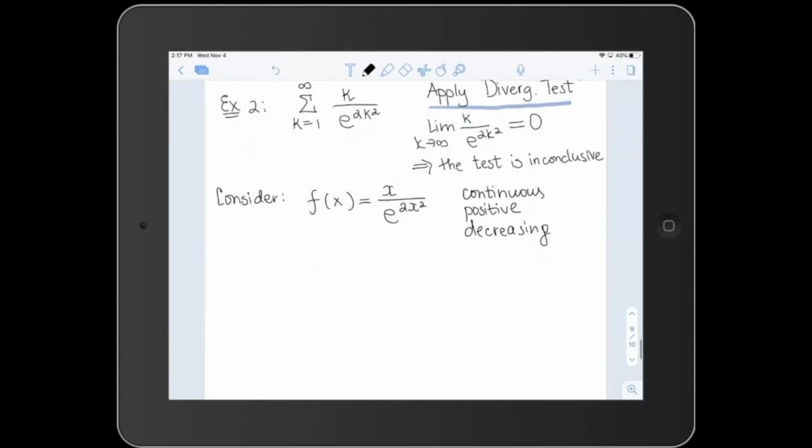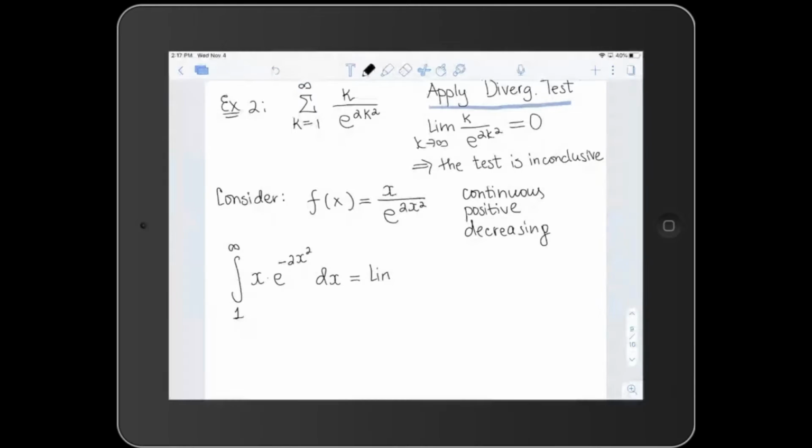We can compute the integral. The integral will go from 1 to infinity of what? This would be x times e to the power negative 2x squared dx.